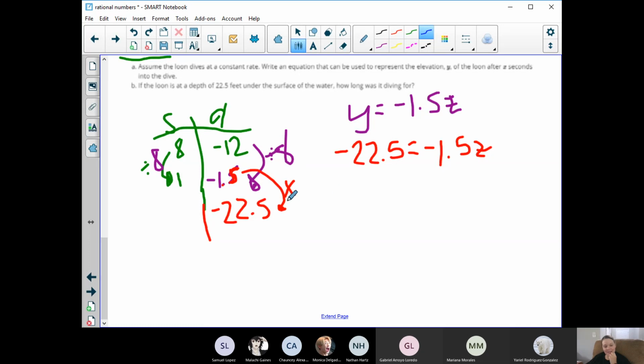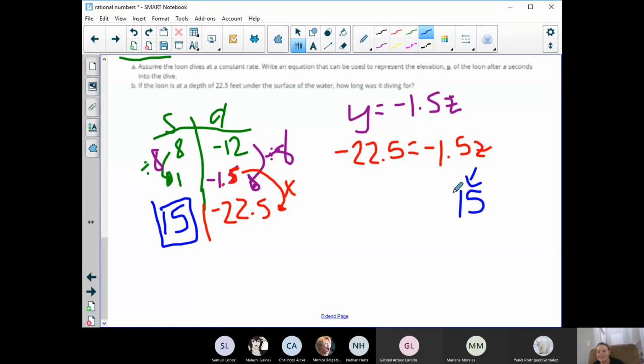So what is negative 22.5 divided by negative 1.5? 15. So 15 is our Z.